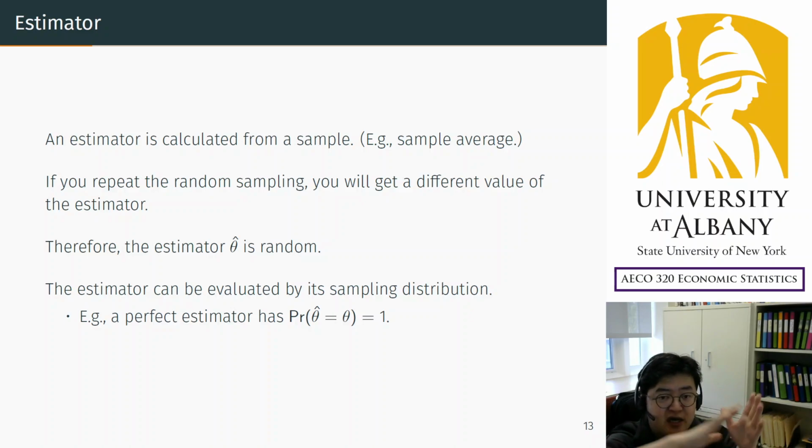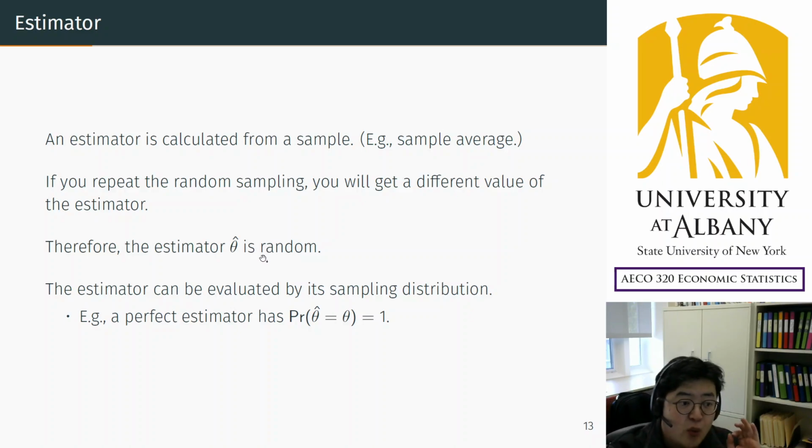The estimator is calculated from a sample, like sample average, sample variance, sample probability. But if you repeat the experiment of random sampling, you may have a different value. So in that sense, the estimator is also random, right? I'm repeating this from the previous chapter.